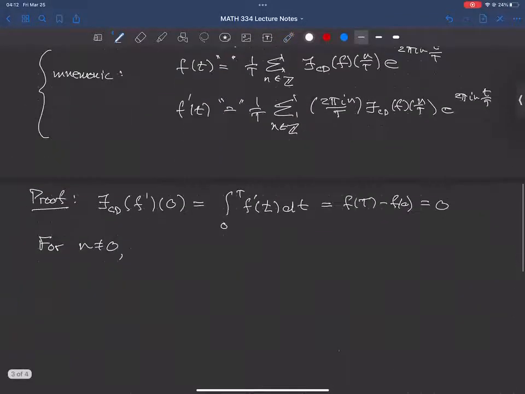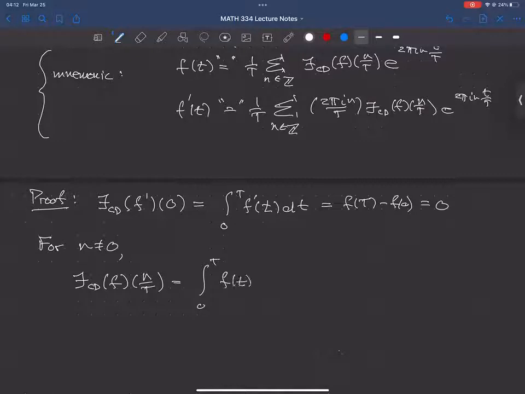So I have CDFT of f at n over T equals, by definition, the integral from 0 to T of f of t e to the minus 2 pi i n t over T dt.